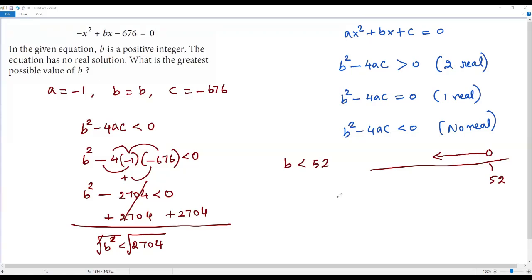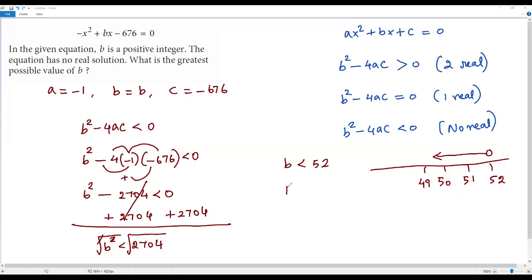So any positive integer less than 52 can be considered. The first positive integer less than 52 is 51. The next one is 50. I cannot consider any decimal value between 50 and 51, because b is a positive integer. Or 49. In this way, any positive integer less than 52 can be considered for b.